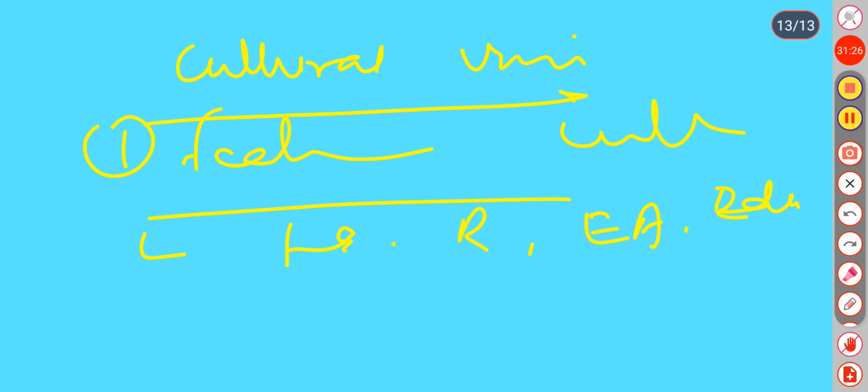All these features are found in every culture.